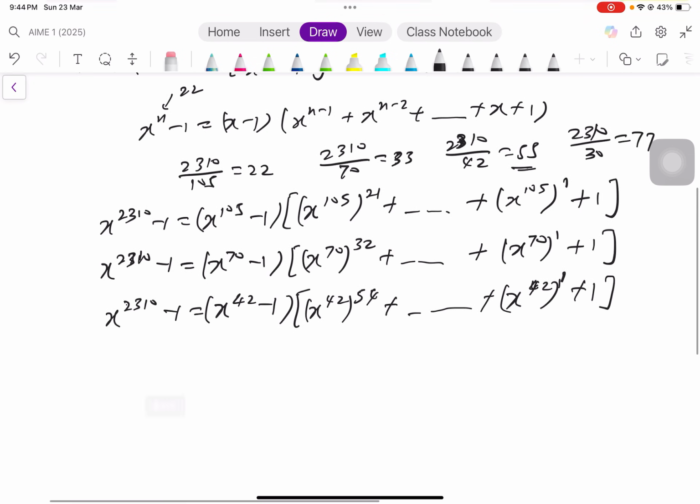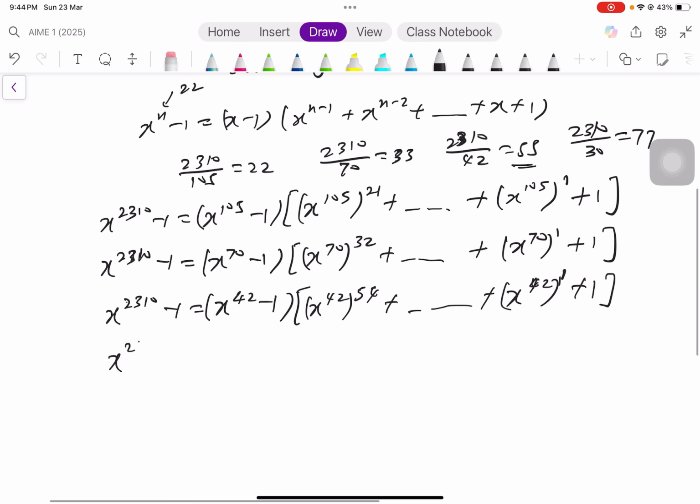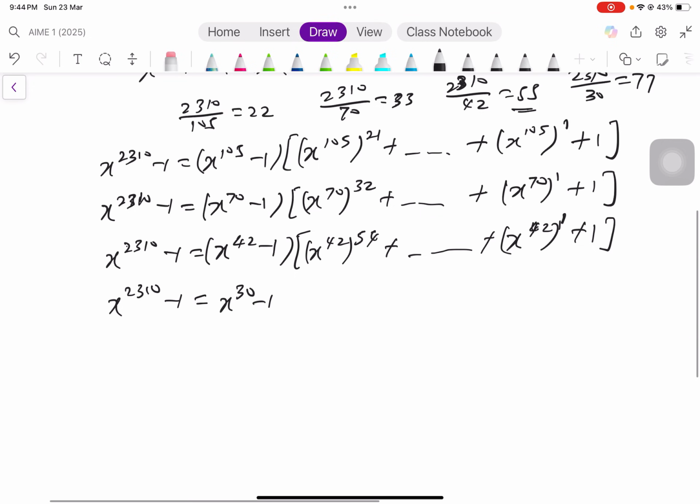Finally, x^2310 - 1 is (x^30 - 1) times x^30 raised to the power of 76, and so on, down to x^30 to the power of 1, plus 1.